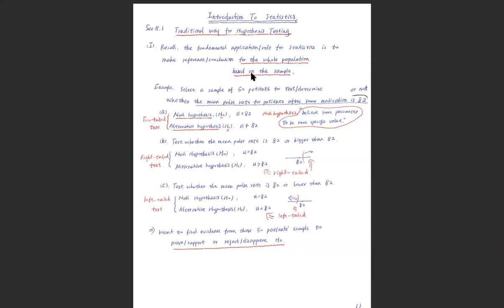So let's see. The first piece, we want to understand what does that mean for hypothesis. So there are 2 kinds of hypothesis here, everybody. Recall the fundamental application for statistics is to make inference, conclusion for the whole population based on the sample, right?